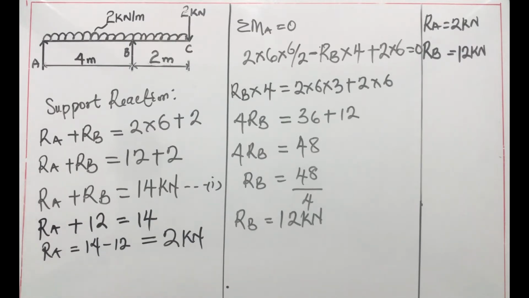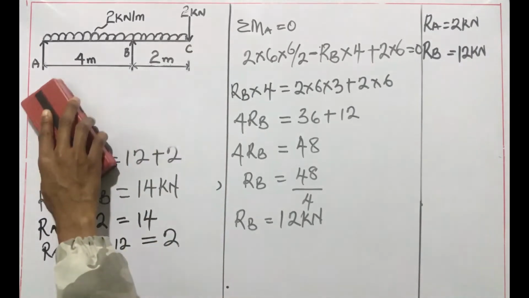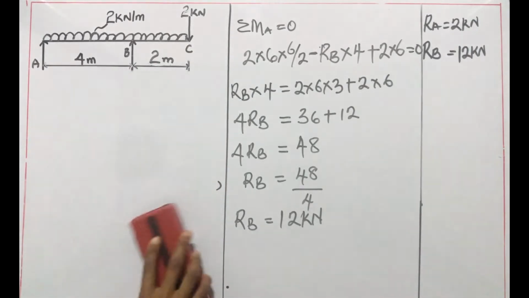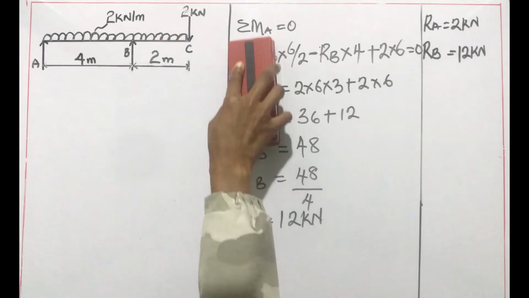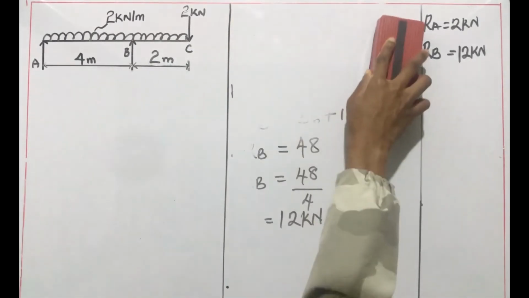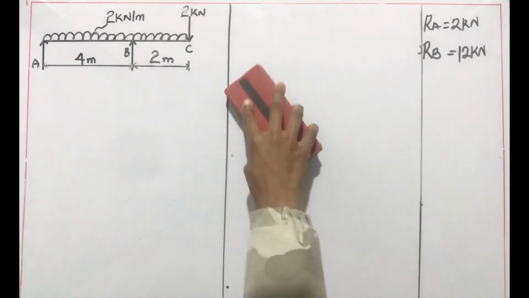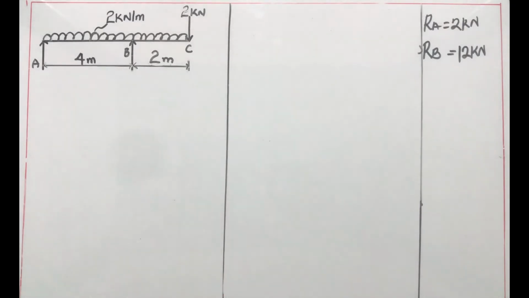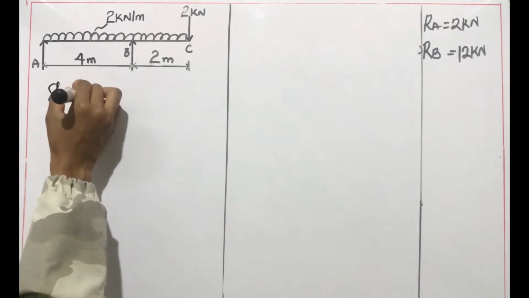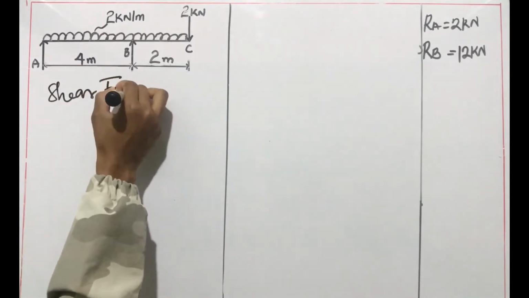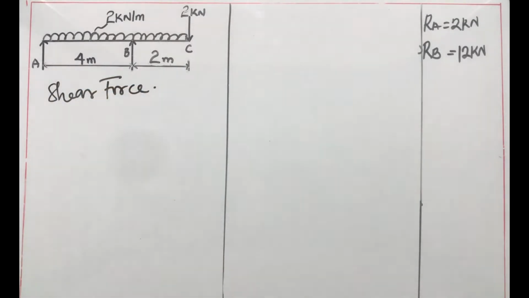I'm just going to write down the values here so we do not forget. Now the next step is to find the shear force for this beam. I'm quickly going to wipe this off. Now this beam contains a UDL throughout its length.